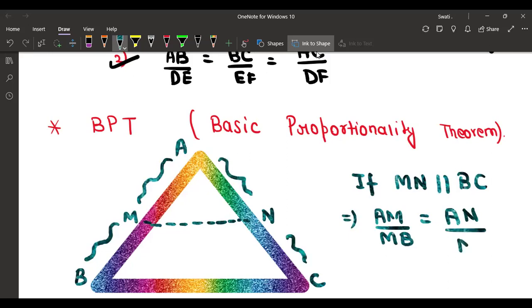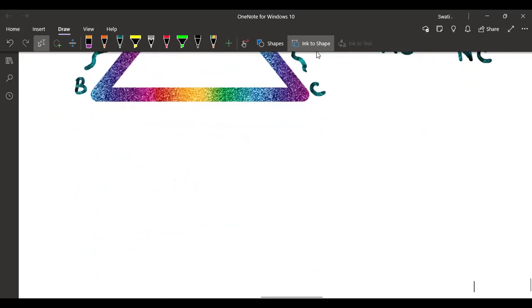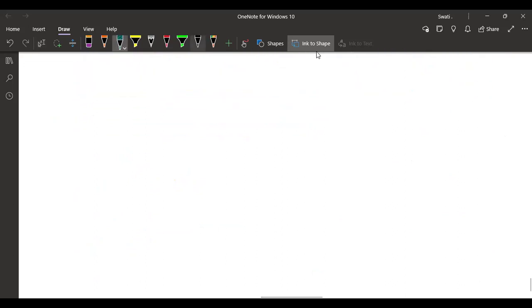That is it. This is called BPT, basic proportionality theorem. Understood? Yes. For example, there are so many examples given in the exercise, so we'll of course be discussing those examples. Let me tell you now the next theorem. BPT is very clear. Yes.